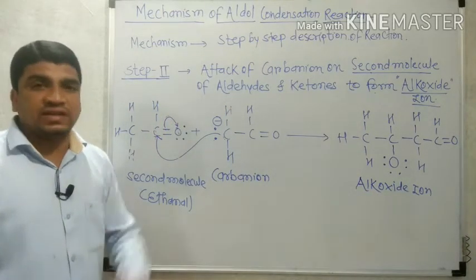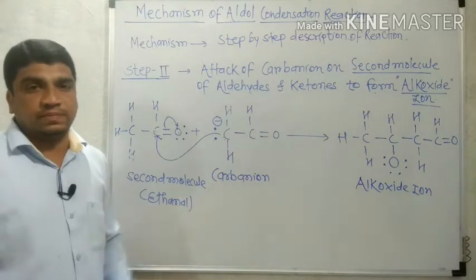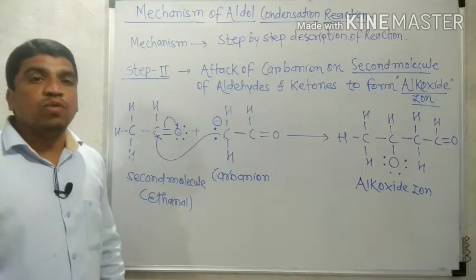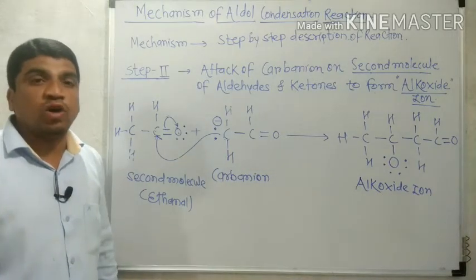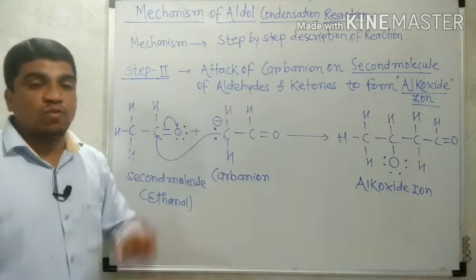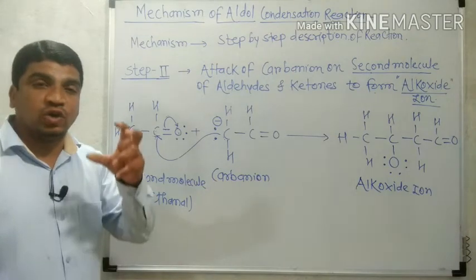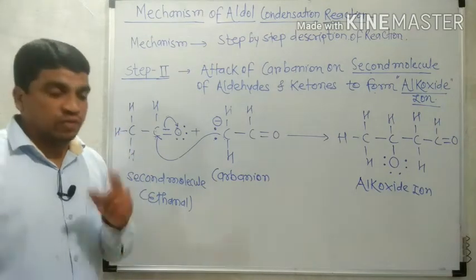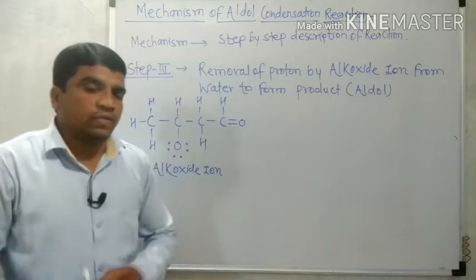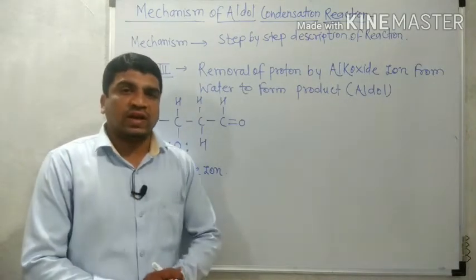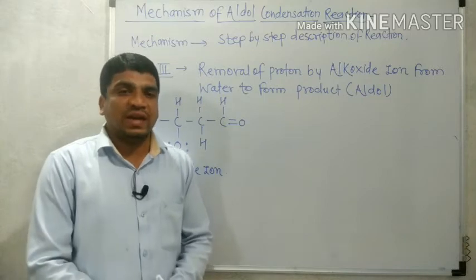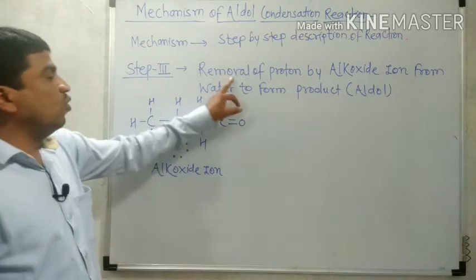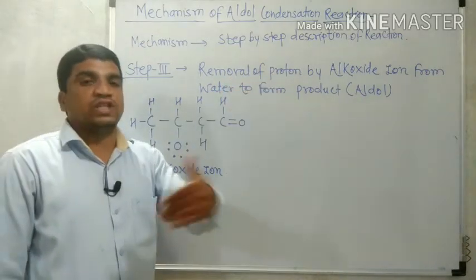Now, after the second step, the third step is removal of a proton by the alkoxide ion from water to form the respective product. We will describe this step also. After the formation of the alkoxide ion in the second step, the third and last step of the mechanism is removal of a proton, that is H plus.